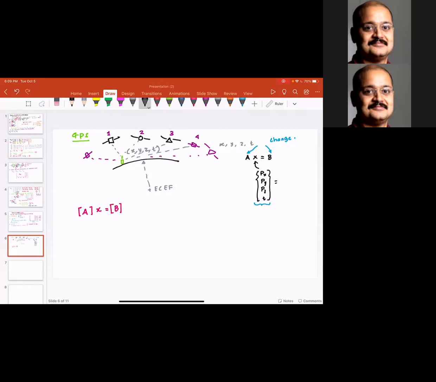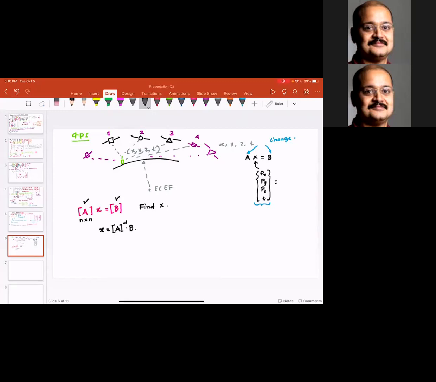So at this point, for the sake of discussion, let's assume that A is given to us, B is given to us, and we are trying to find X. Now clearly, if A is a square matrix, so if this is an n by n matrix, I can say X is equal to A inverse B.